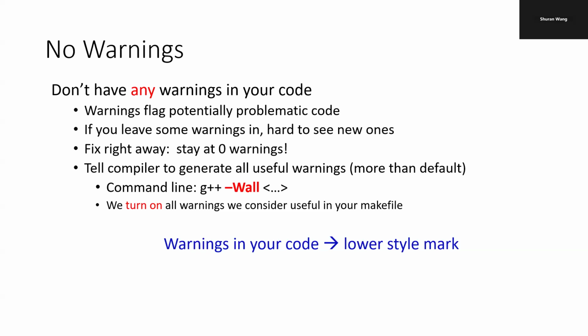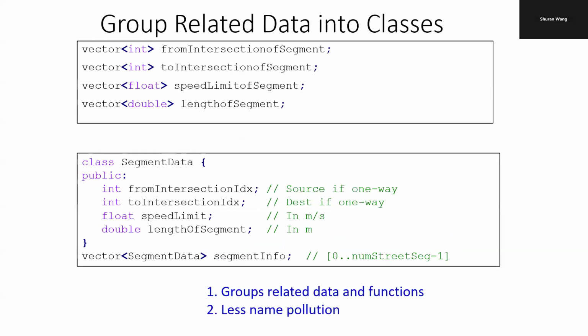All right. Next one, group related data into classes. This is something that we don't force you to do, but it's good to have. In here, we have 4 vectors, all called something of segment.